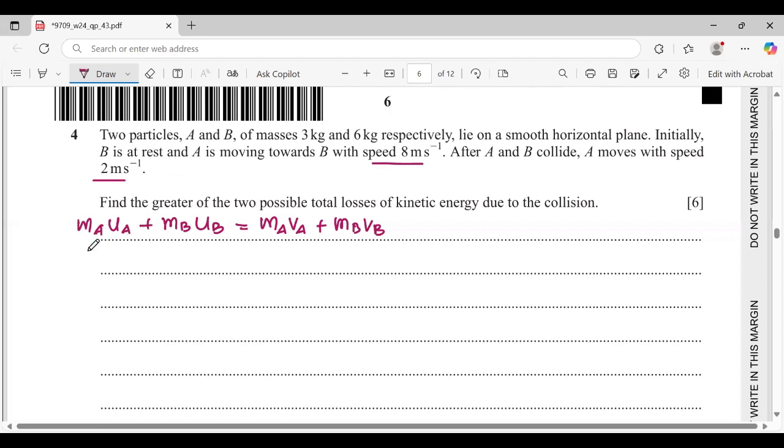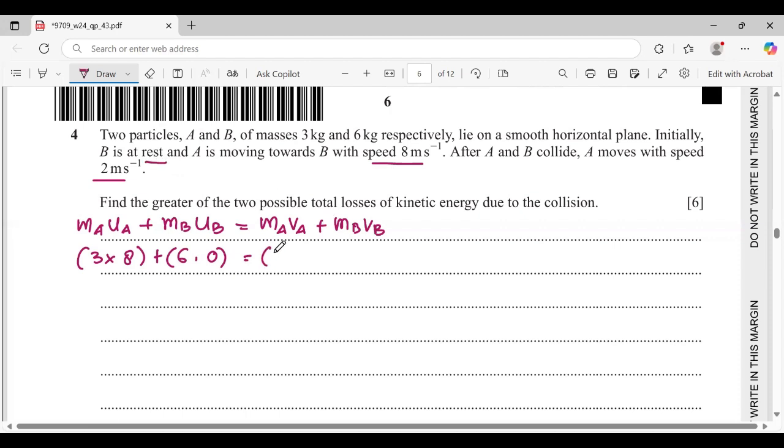MA is 3, and based on the information the initial velocity is 8. MB is 6, and the initial velocity is 0, because it is at rest.